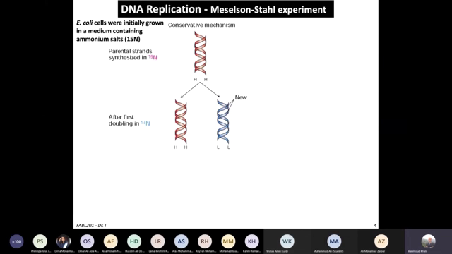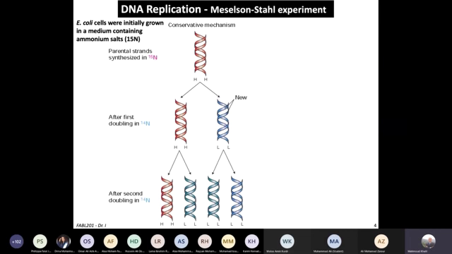So theoretically, if the conservative mechanism is correct, you will have two bacteria from the parent: one of them will have double-stranded heavy chains, and the other, the new one, will be formed from the light chains, since the new one has got its nitrogen or ammonium salts for forming the nucleotides from the normal nitrogen.